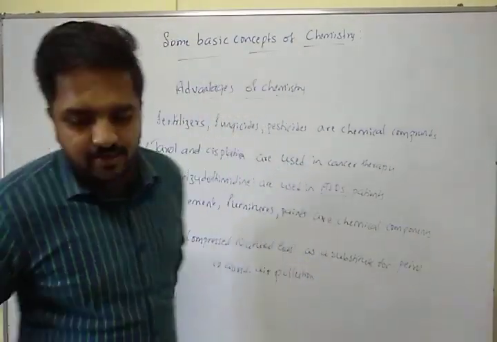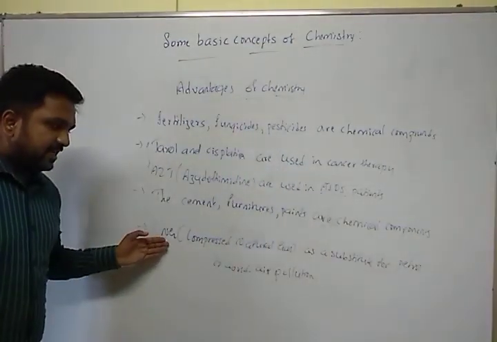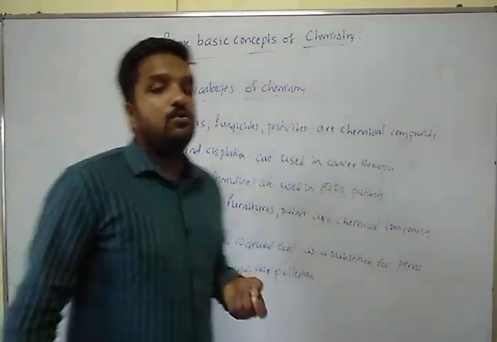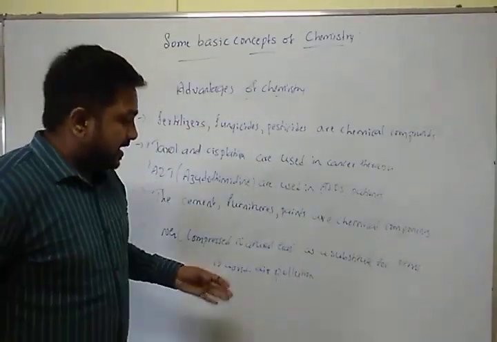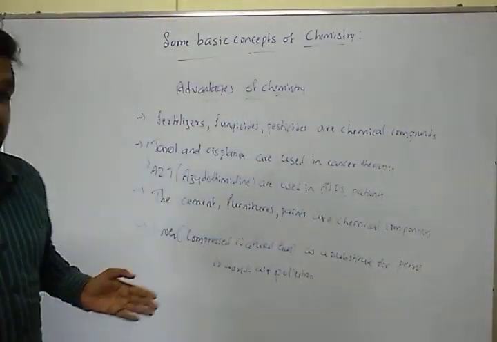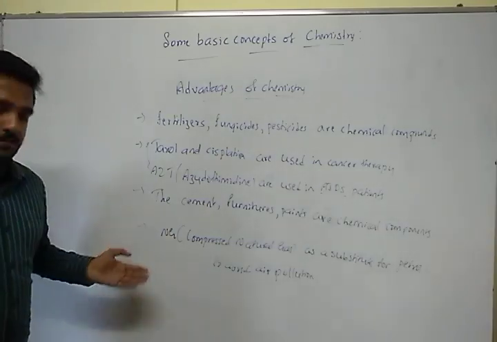Clear? So we are using compressed natural gas as a substitute for petrol and diesel for automobiles in order to reduce the air pollution. Clear? This is one of the most important applications of chemistry.